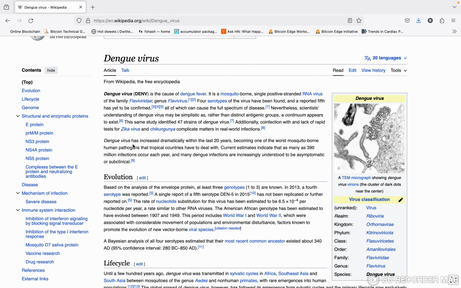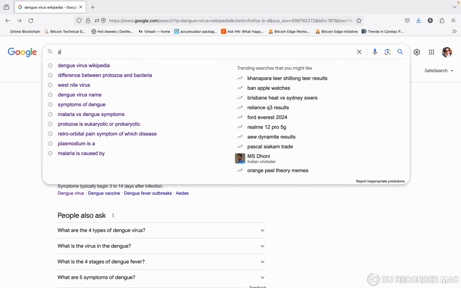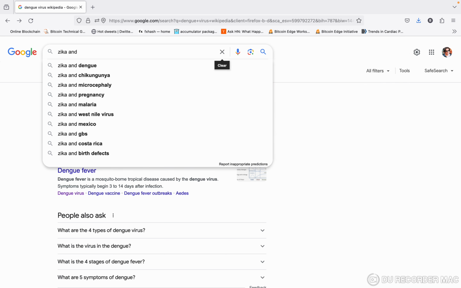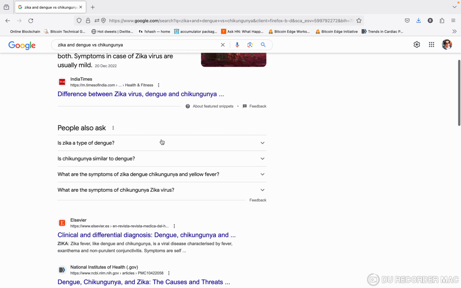Zika virus and chikungunya. So let me check what's the difference between Zika and dengue virus, and chikungunya. So dengue affects most of the body, chikungunya causes rashes on the face, hands, feet. This is not much different.